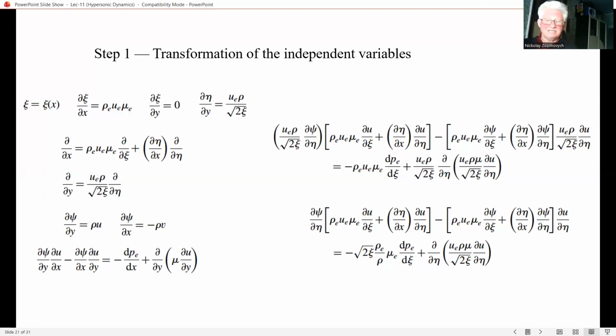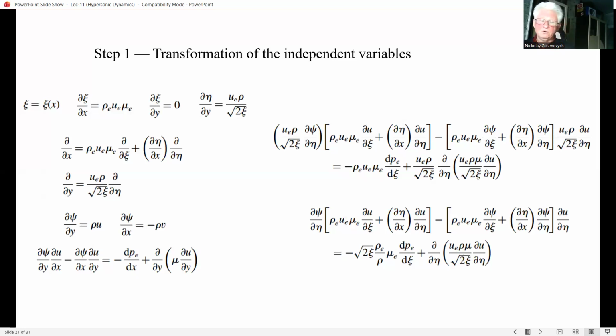Let's start with step 1, namely transformation of the independent variable. The independent variable transformation given by the equation must be couched in terms of derivatives, because terms involving x and y in the original boundary layer equations are derivative terms.